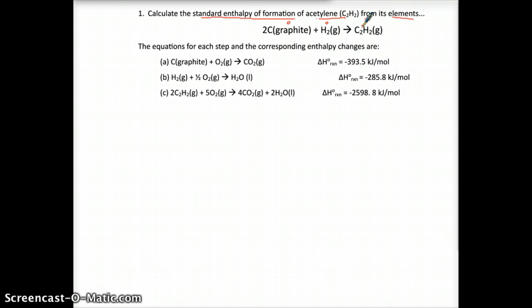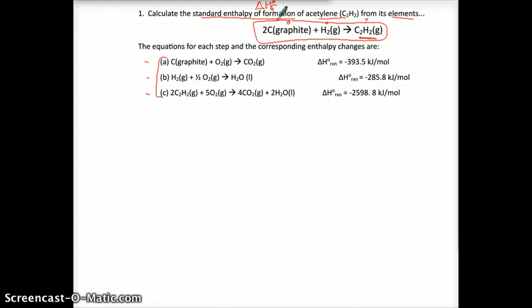Well, I'm given some equations with the enthalpy changes for each of these reactions. Well, since I'm given all these different steps, I need to recognize that in order to figure out the enthalpy of formation of this compound, I need to make these steps add up in such a way that I get the overall reaction. This guy right here.